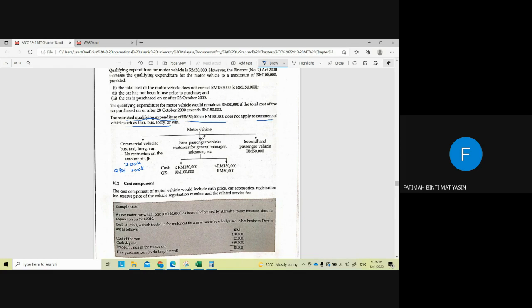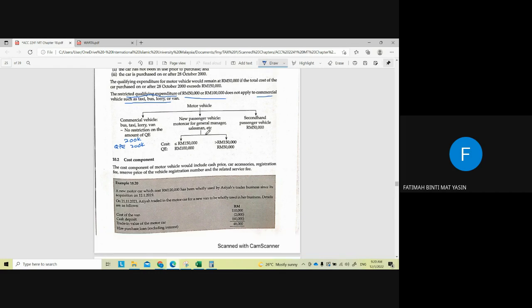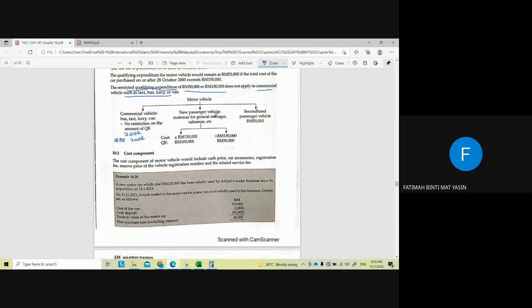But for a new passenger vehicle, such as a motor car for the general manager, salesman, etc., this applies when the company uses that asset in the business, because the conditions to claim capital allowance require the company to use it in the business. If the cost is less than or equal to 150,000, the QPE is restricted to 100,000 ringgit.